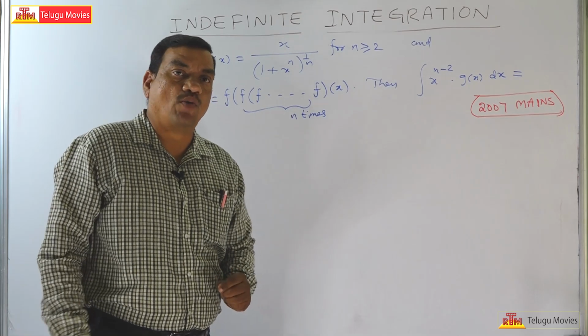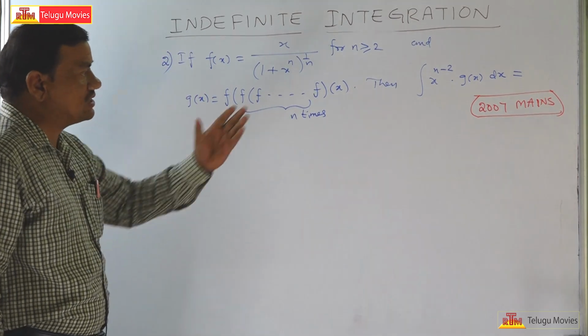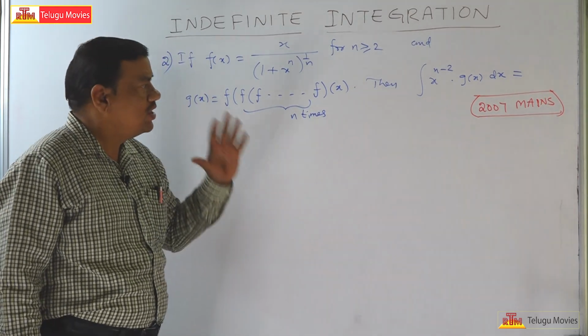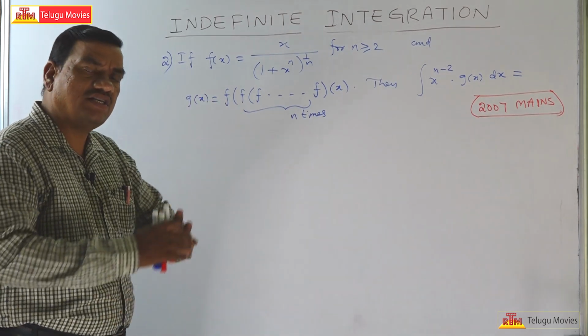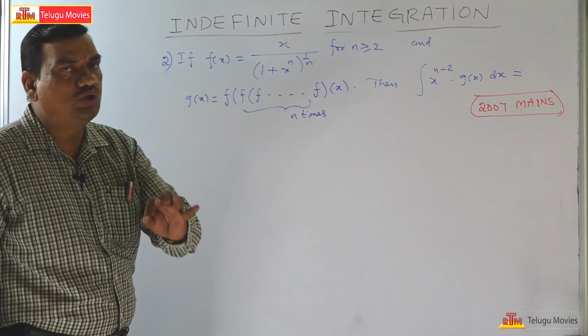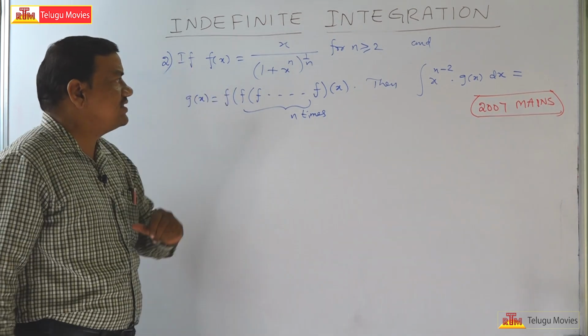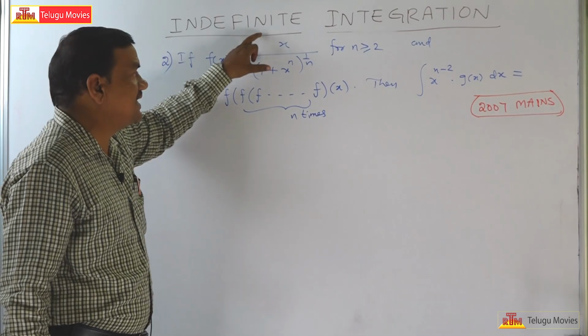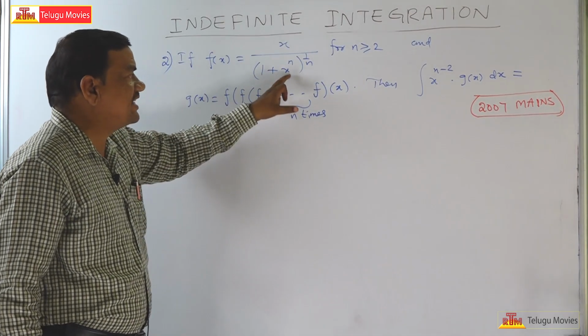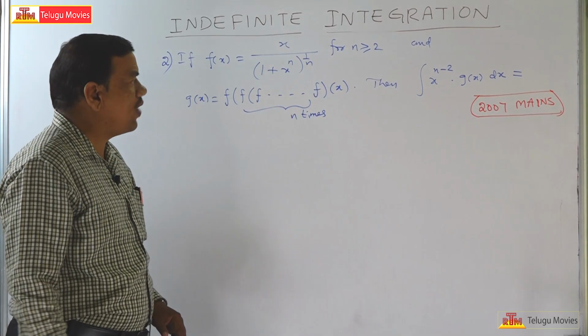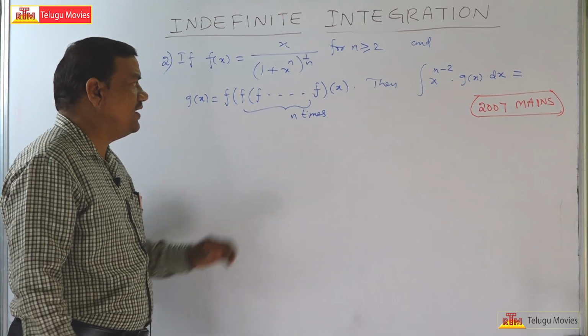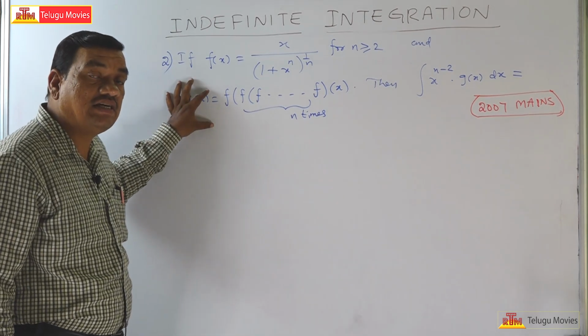Welcome to the second problem. The second problem was asked in 2007. Even though it appears to be a very big problem, the solution is very easy. Let us see the solution. Here f of x is a function defined as x upon (1 plus x power n) whole to the power of 1 by n, for n greater than or equal to 2. Then g of x is another function.